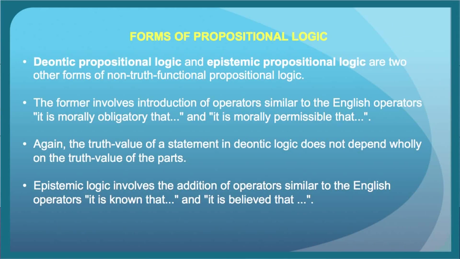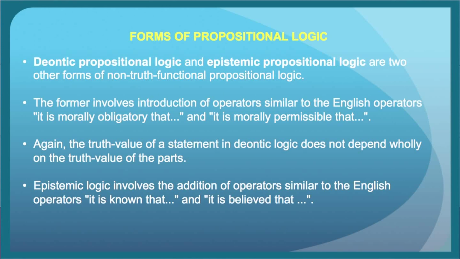Forms of propositional logic. Deontic propositional logic and epistemic propositional logic are two other forms of non-truth functional propositional logic. The former involves the introduction of operators similar to the English operators: it is morally obligatory that, and it is morally permissible that.